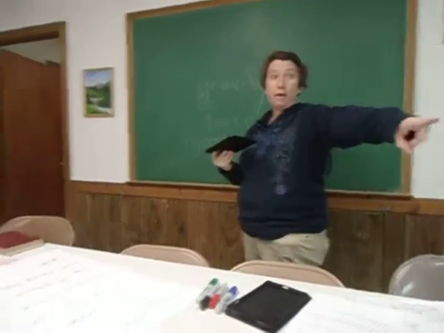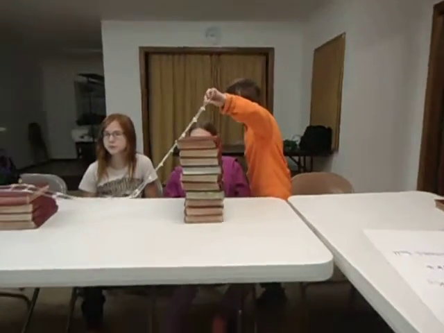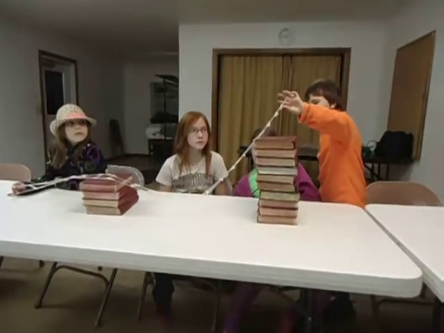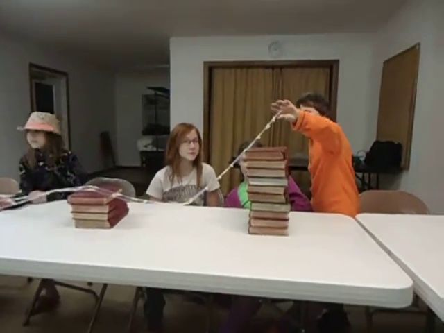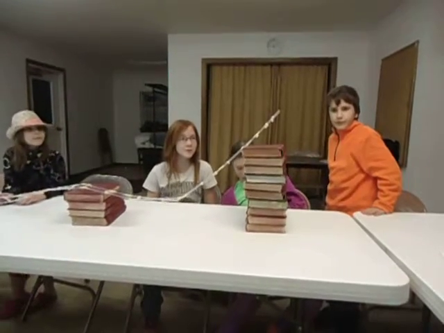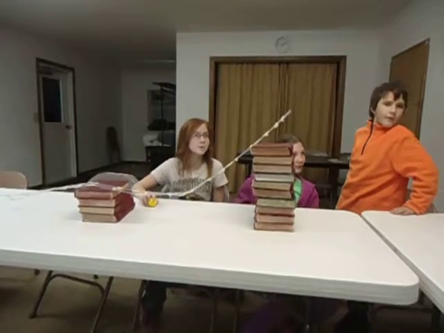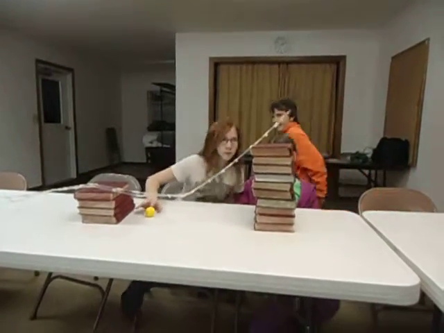You have tape, you have straws, you have a ball. Go and get straws and tape and see if you can't make your own roller coaster and see if you can't get it to do that.